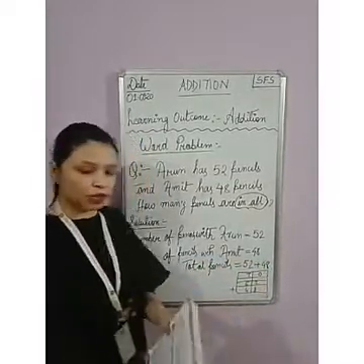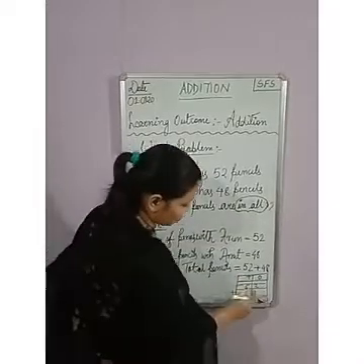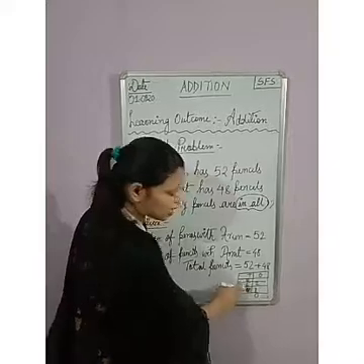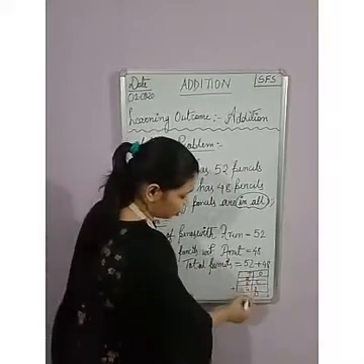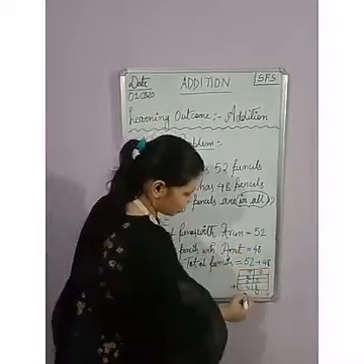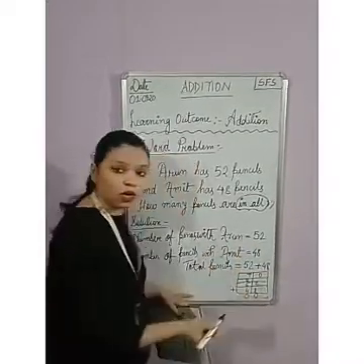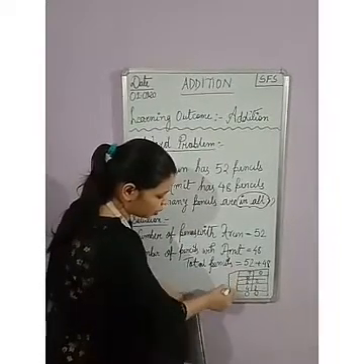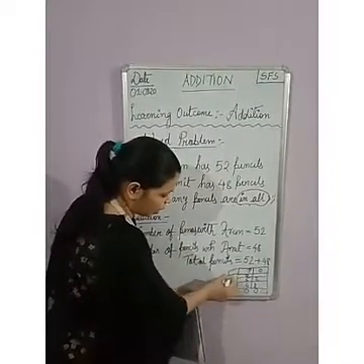I have made the place value chart. What will be the answer? 8 plus 2, 10. 1 carry over. 5 plus 4, 9. Again I got 1 here. 5 plus 4, 9, plus 1, I got 10 here. So where will the 1 go? What will I do? I will make another place value here.